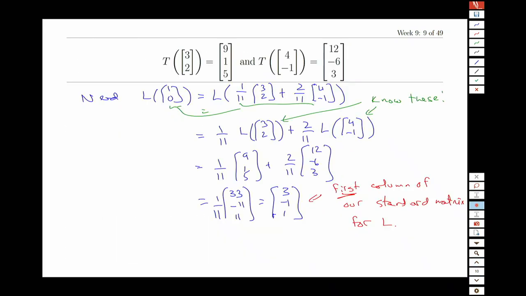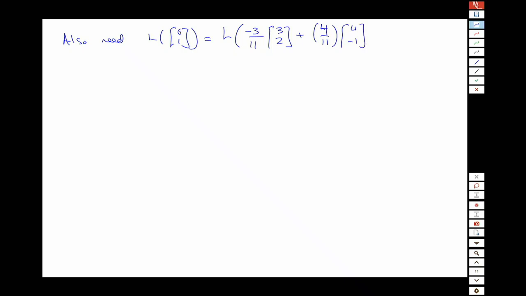Oops. Apparently I didn't leave enough room. So we also need the transform of the 0, 1 vector. But we found that it had a nice decomposition as well, which was 3/11 times 3, 2, plus negative 4/11. Is that right? No, sorry, negative 3/11 plus 4/11 times 4, negative 1, because that vector is equal to that vector there.